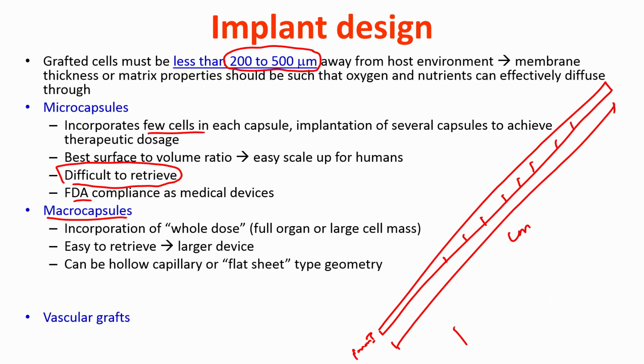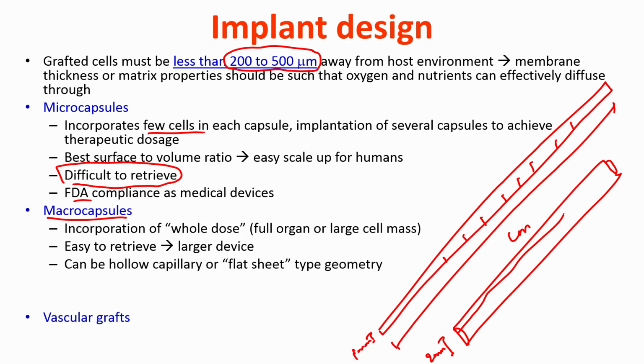So, let us say you do not want this, you want it to be, let us say, about 2 millimeter, but what you can do is you can have some hollow pores. So, all of this area can be accessed by the host, this is what is protected from the host, and that will still mean that you are still less than 500 micron away from any of the edge of the host.